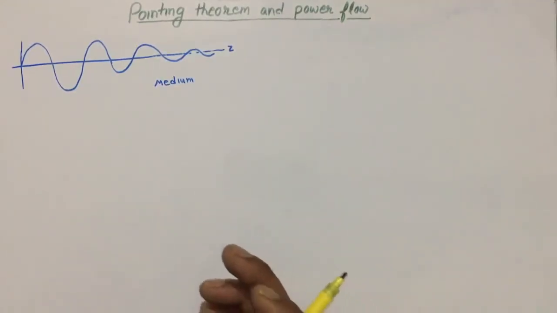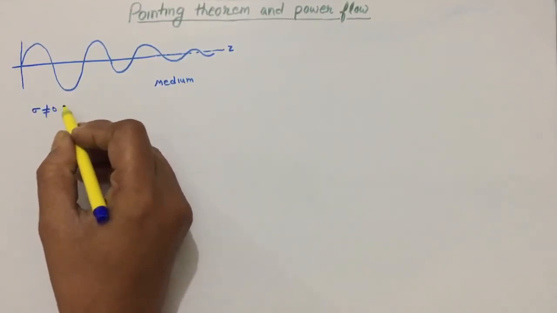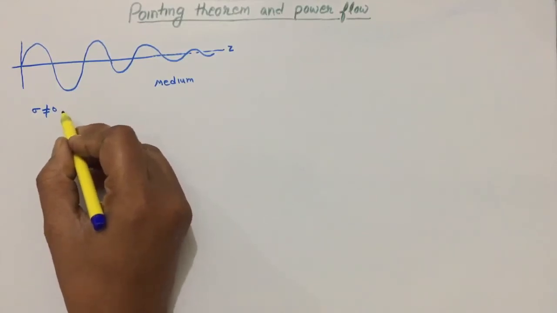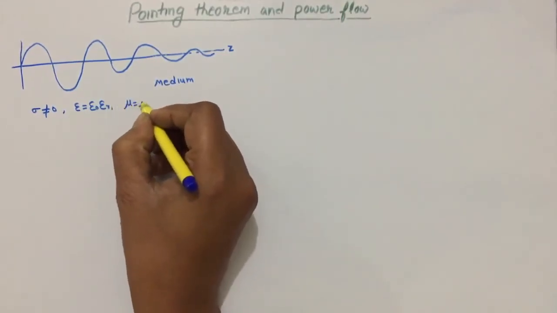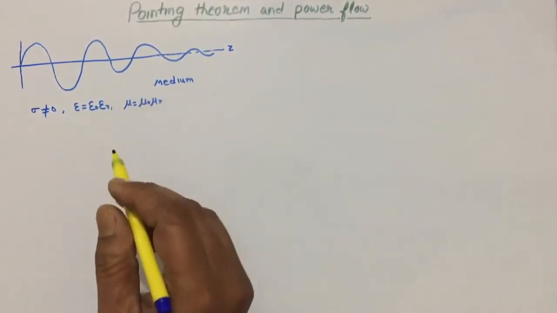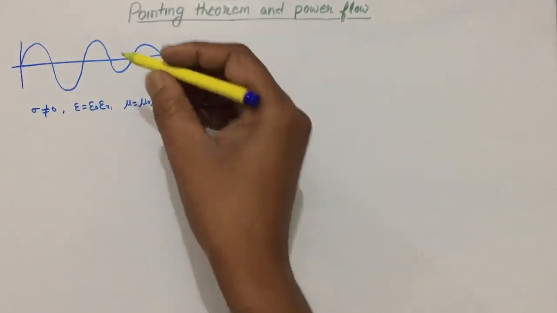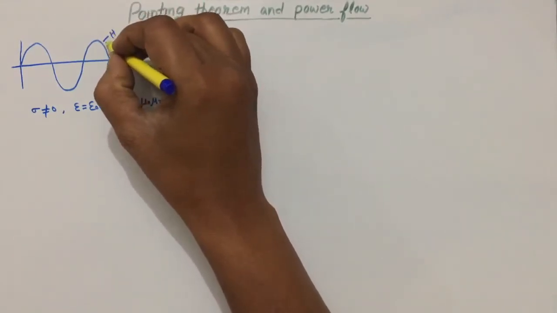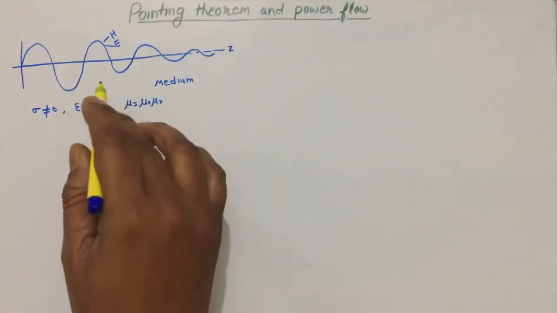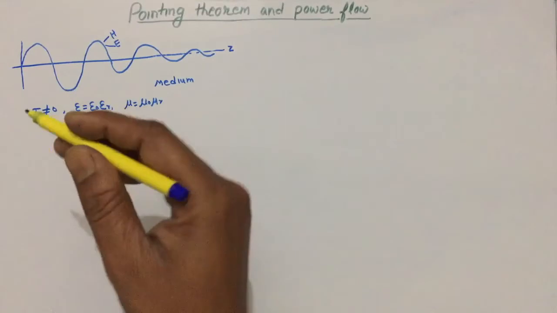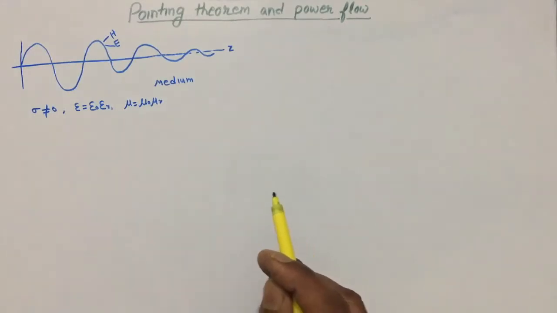Now let us consider a wave propagating in a medium which has conductivity different from 0, permittivity and permeability. In this case, as the wave propagates, its power decreases in electric and magnetic field. We have discussed this, and the power that decreases from the wave will be thrown out from the system, from the medium, that is due to the negative sign.